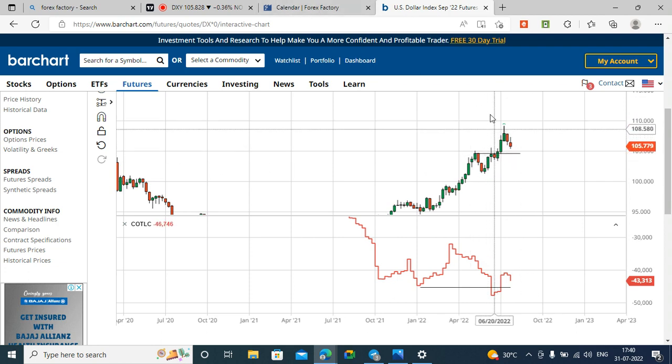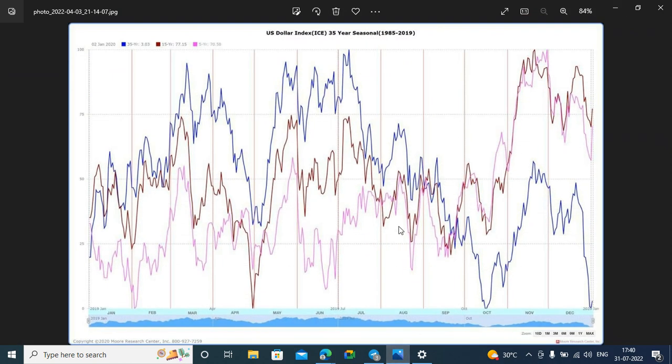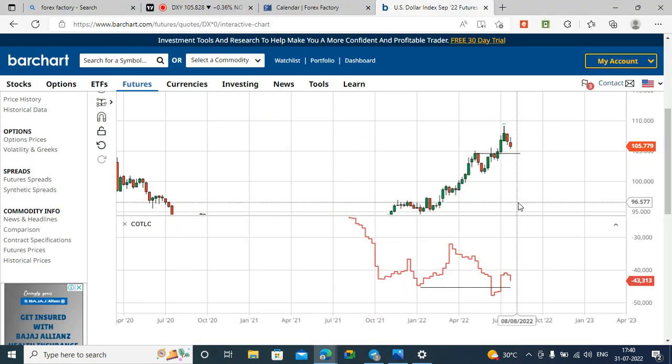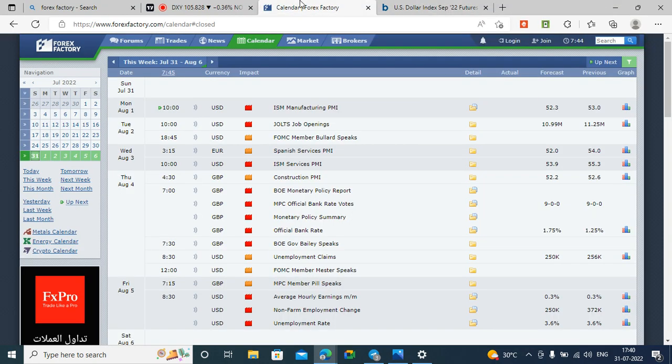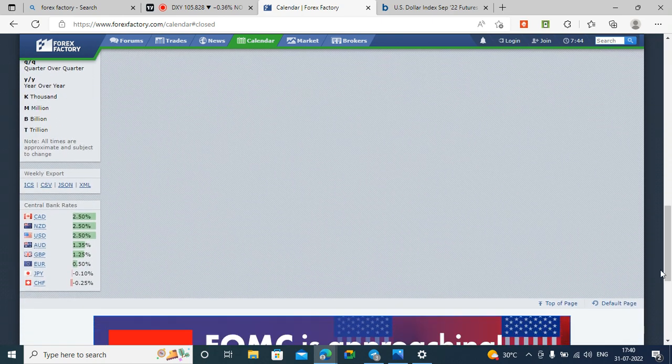Okay, and now you can see seasonal tendency is consolidating, and COT is short term bearish. If you check the interest rate of the dollar index and euro USD, see guys, on forex.com you can find central bank interest rates.